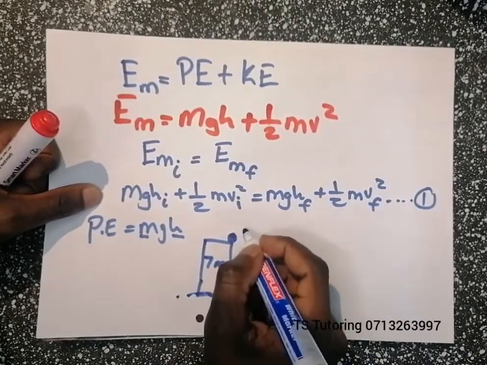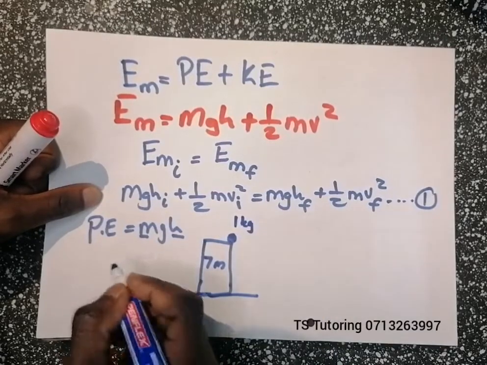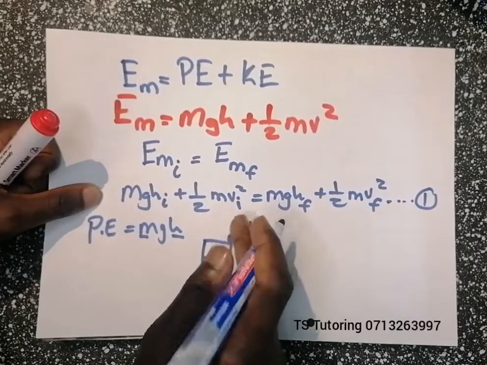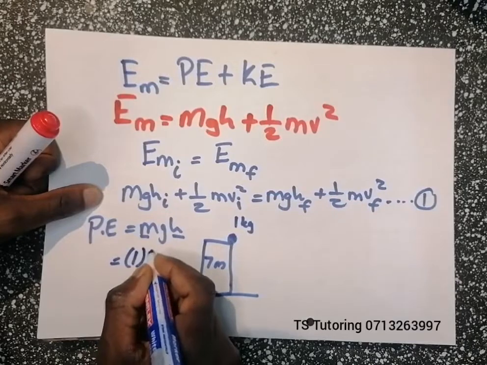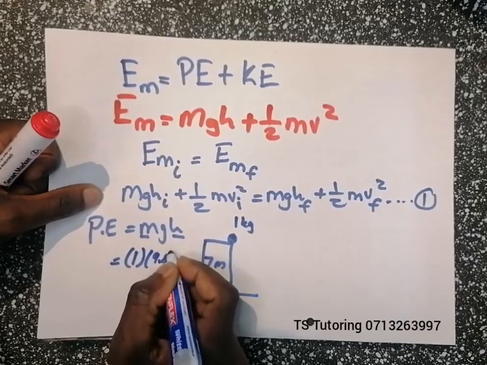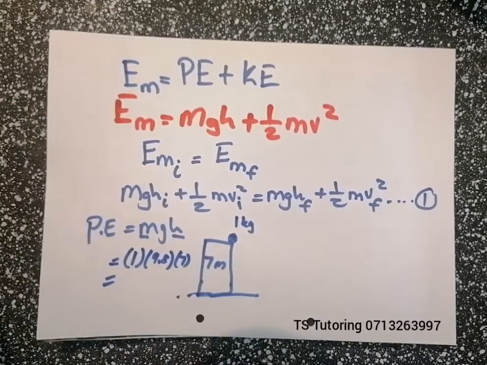If the mass of the object is 1 kg, to get the gravitational potential energy for this object, we say 1 kg multiplied by gravity of 9,8 multiplied by the height of 7 meters.